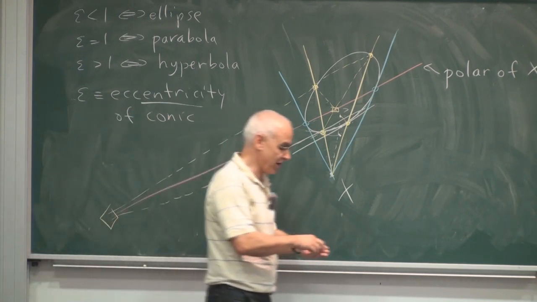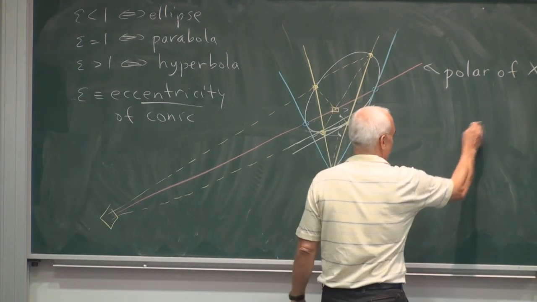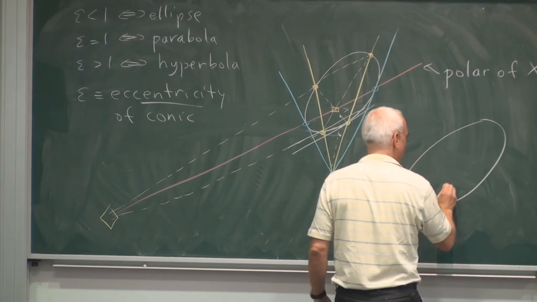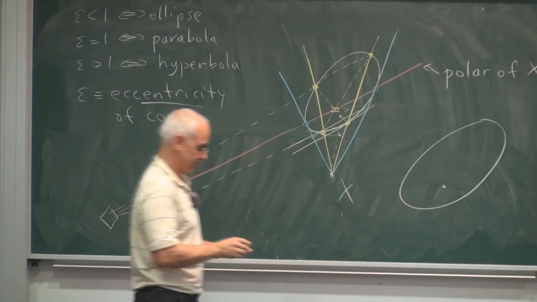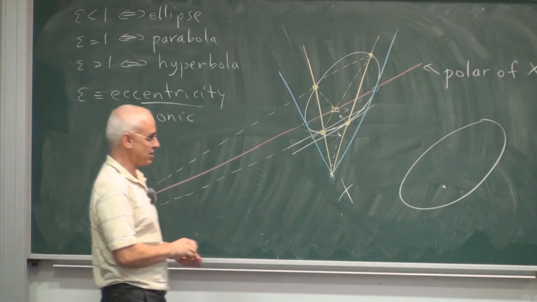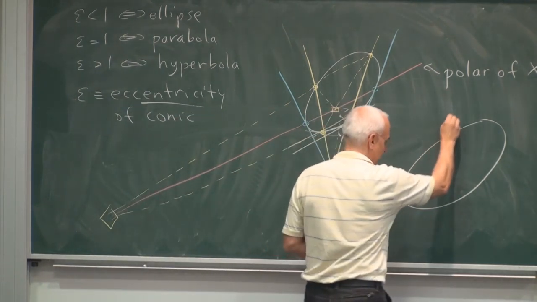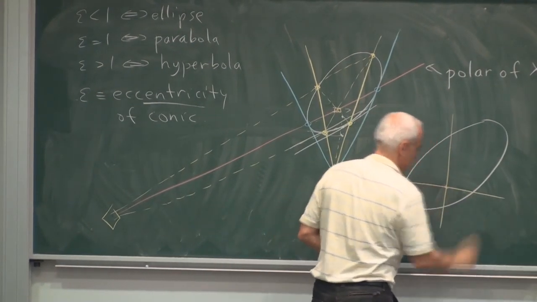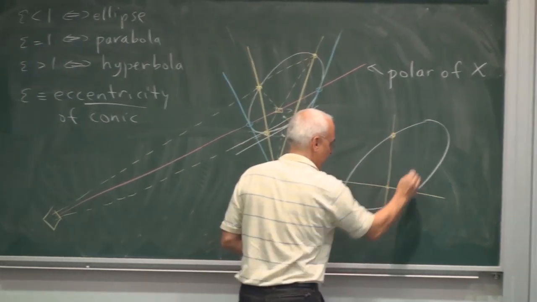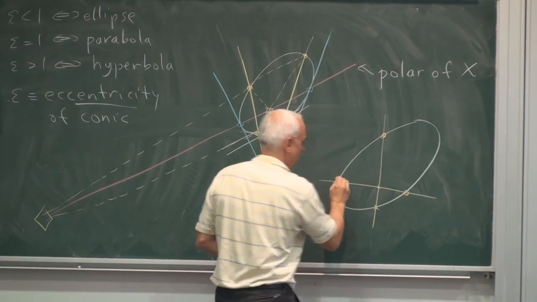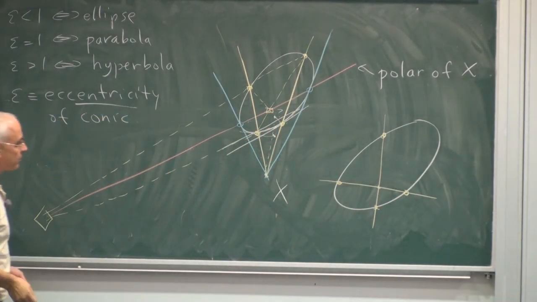So let's see how that would work for an internal point. Here's an internal point. Let's see what its polar is. We draw any two lines. We get 4 points. What are we supposed to do?